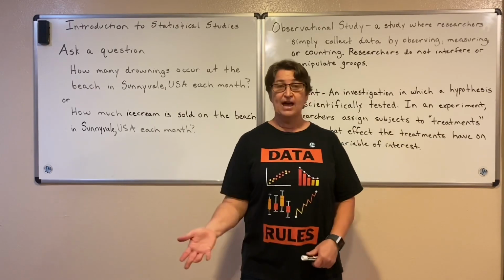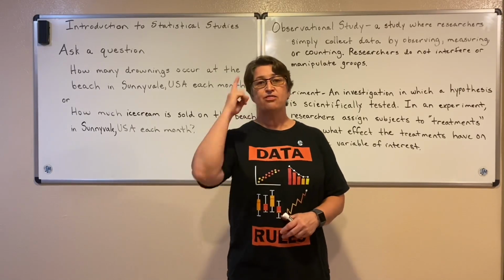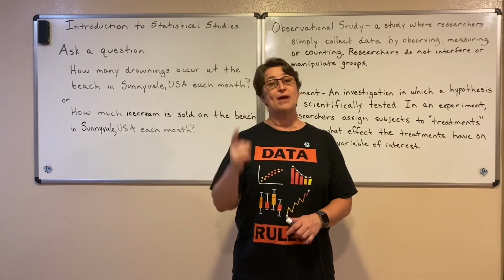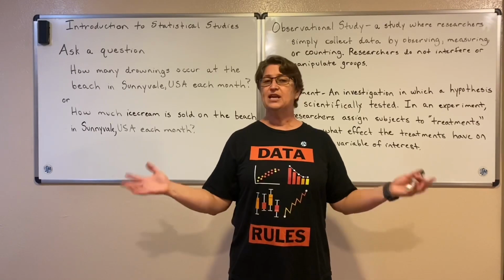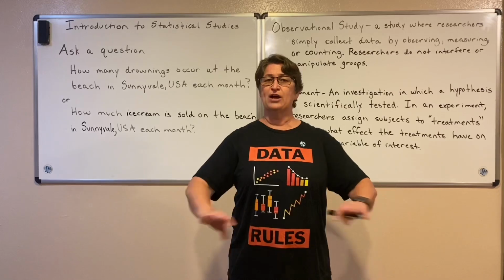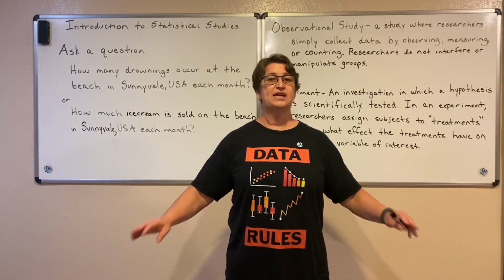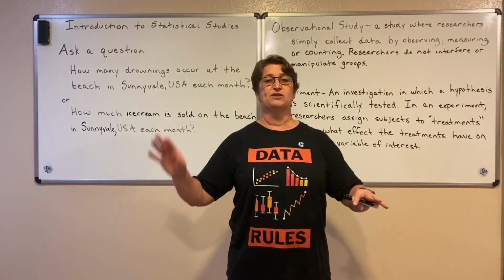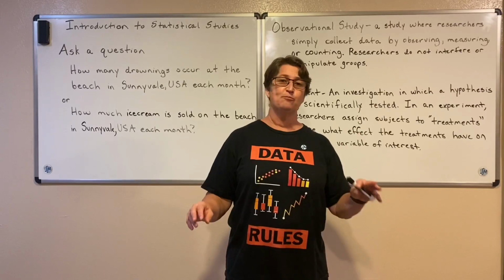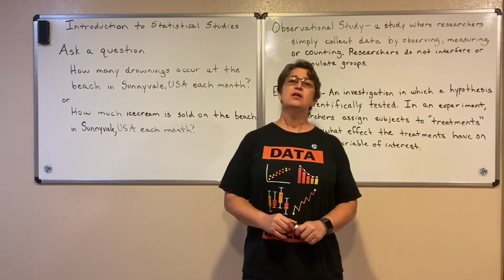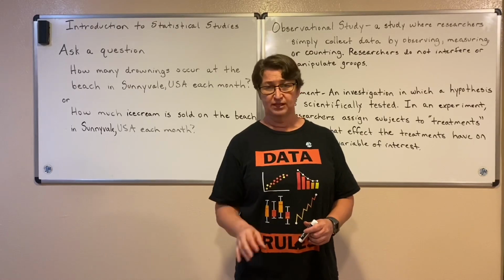If yes, there are more drownings when everything else is the same, then I can start to go, well, maybe it is the ice cream that's causing it. But if the number of drownings are the same in both groups, even though I'm giving this group ice cream and I'm not giving that group ice cream, then maybe it's not the ice cream that's causing it.